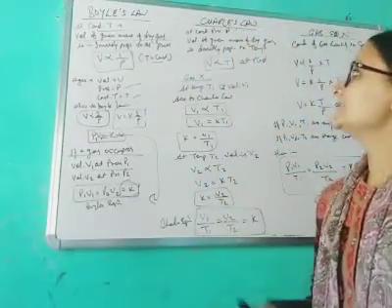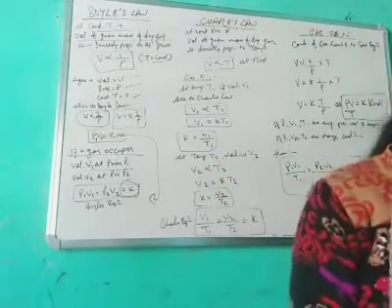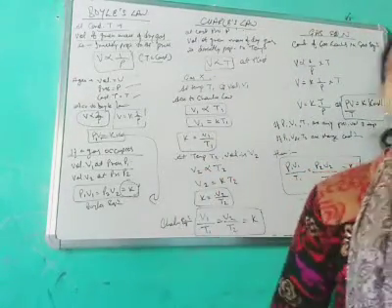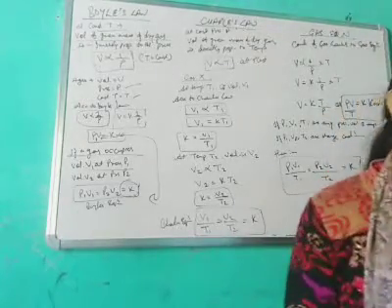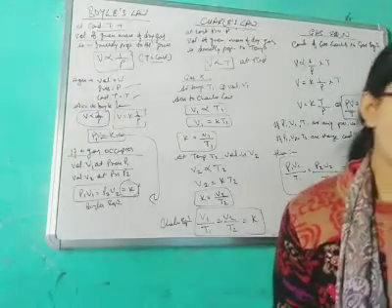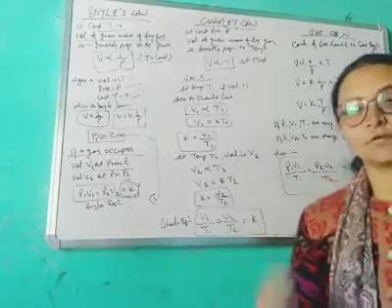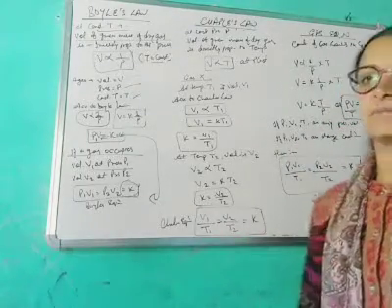Okay, next there is Charles's law. Jacques Charles was a scientist. He studied the relationship between the temperature of a gas and its volume at constant pressure.